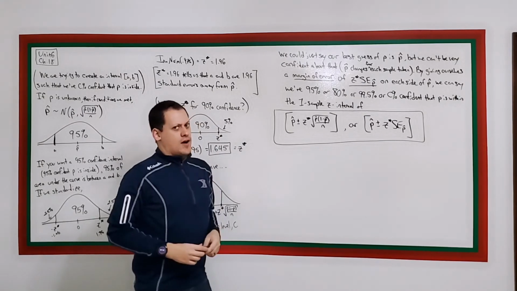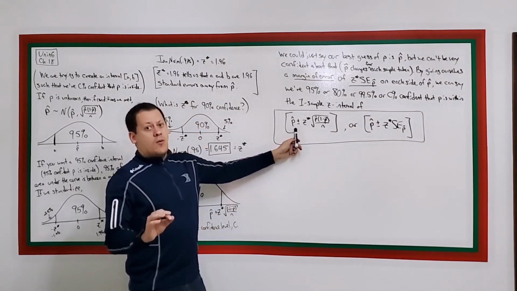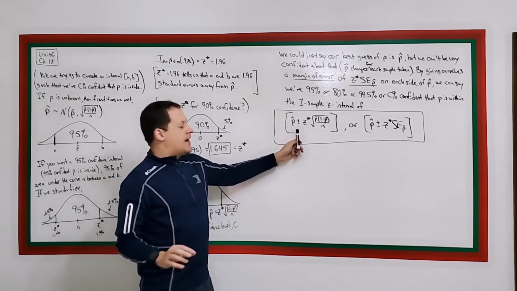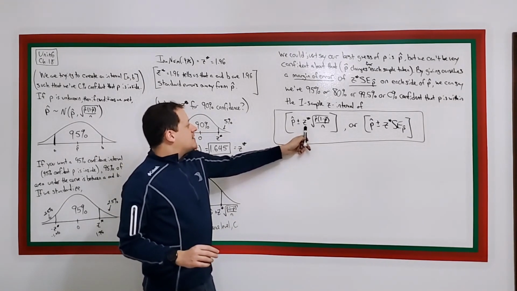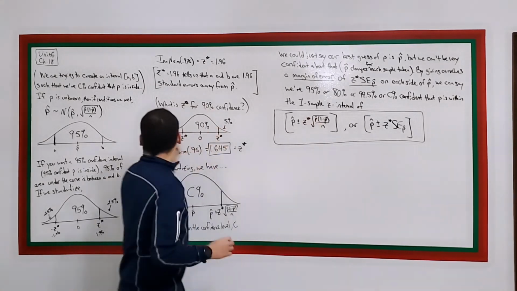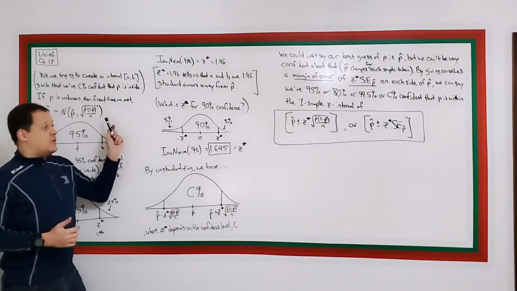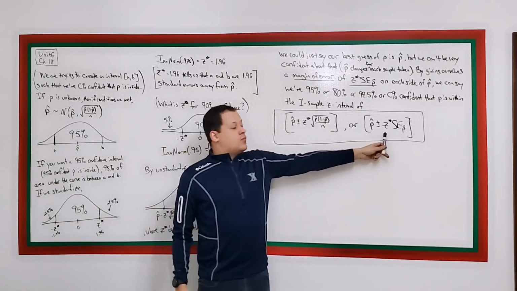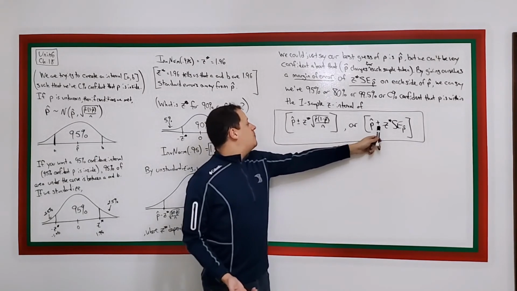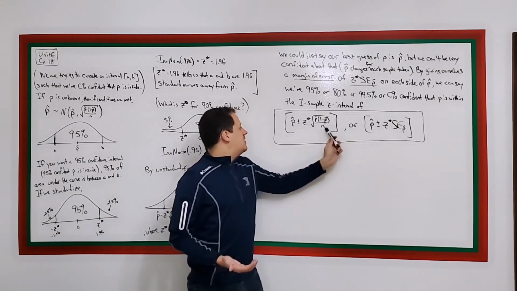And there are two different ways of writing it. The first one here, our confidence interval is always centered at p hat, for now anyway. And we're either adding or subtracting z star times this, which, remember, is the standard error of the sampling distribution of p hat. Okay? So we could also write it this way, p hat plus or minus z star times the standard error of p hat. You'll see it written both ways.